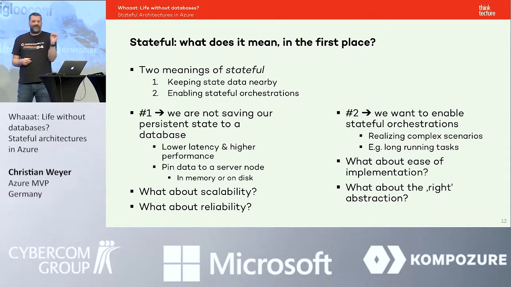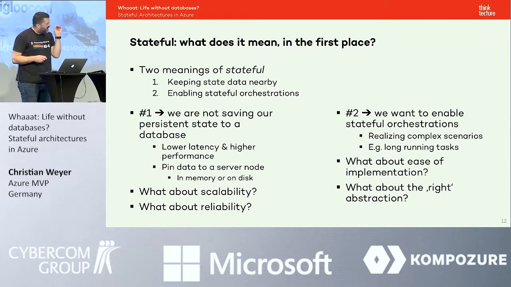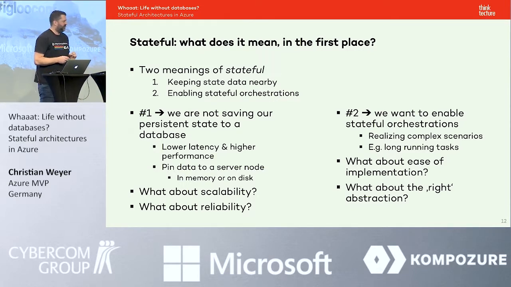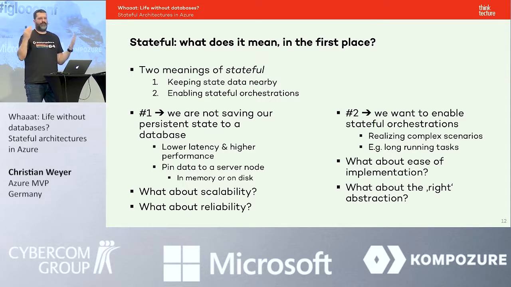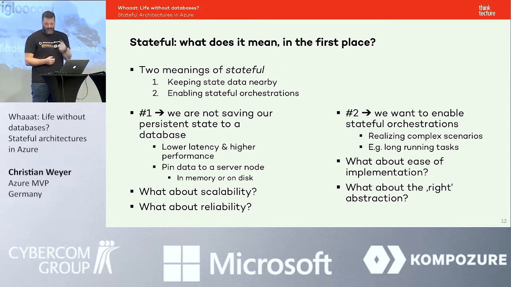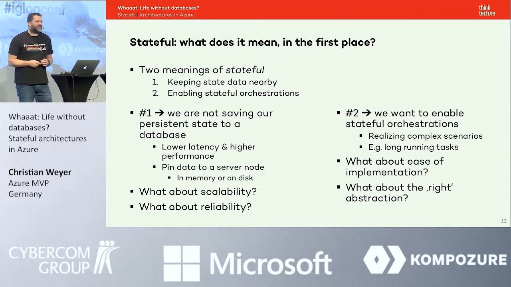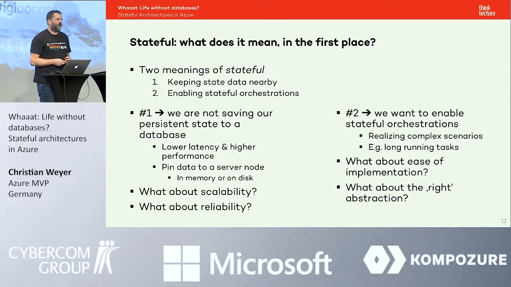But what is the right abstraction layer? So BizTalk, for a lot of use cases, is just too much. Well, not only money-wise, but it's just too much, right? It's the wrong abstraction. Windows Workflow Foundation also was the wrong abstraction for a lot of scenarios.